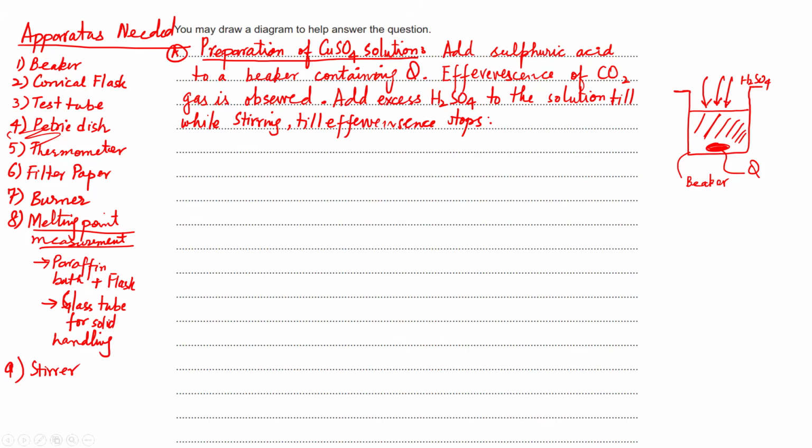Till effervescence stops. So we have to add it. So once this is done, we have prepared a solution for copper sulfate solution. So this is the copper sulfate solution. Okay.